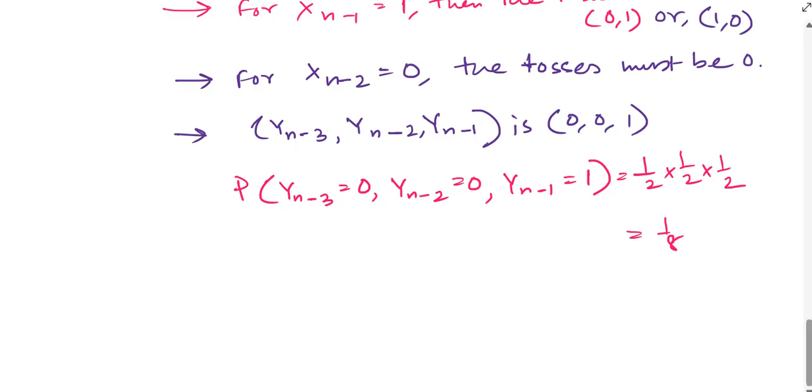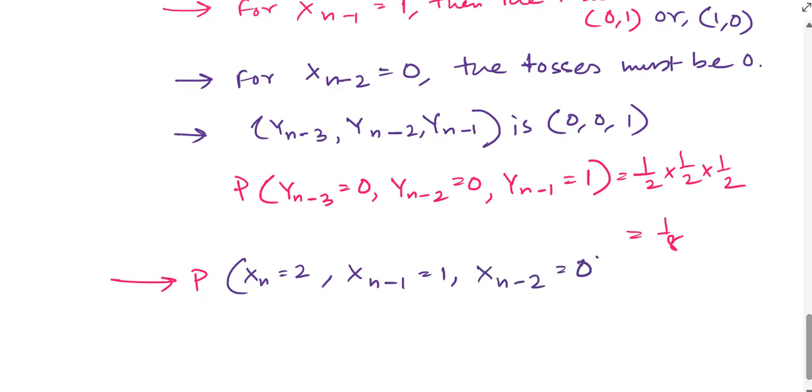So probability of Xn equals 2 and X(n-1) equals 1 and X(n-2) equals 0.